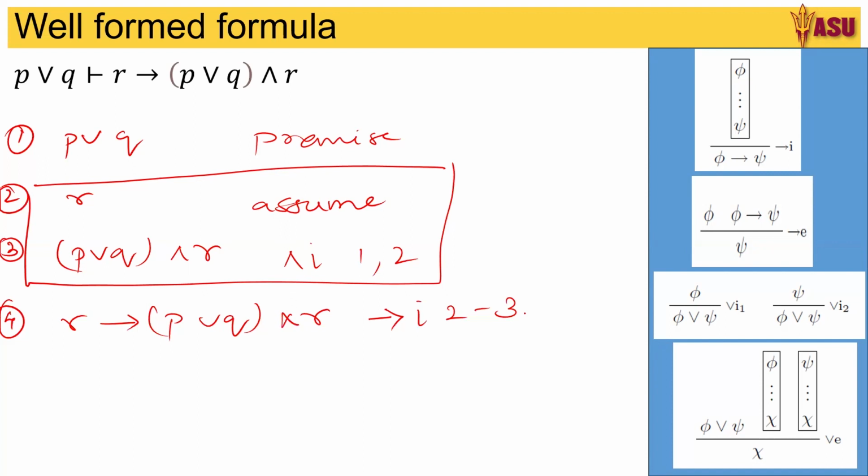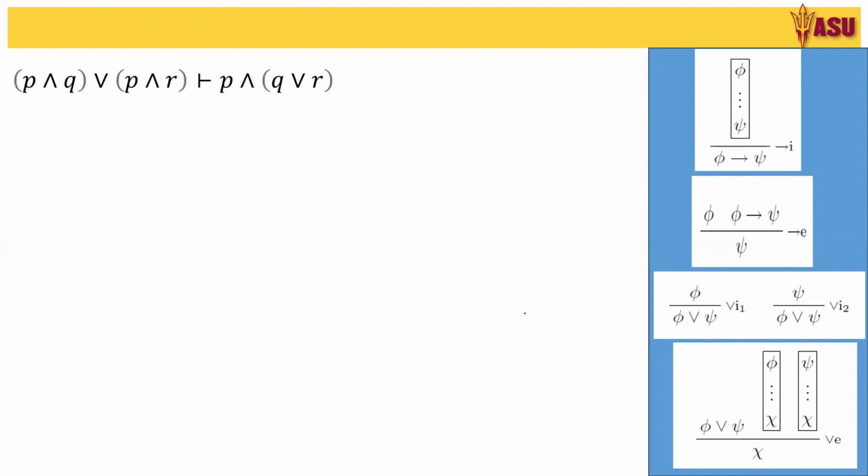Now let's look at another, a little more complex example, which is this. You have P and Q or P and R, then we can conclude P and Q or R is true. Here again, we have a lot to unpack. The premise here is P and Q or P and R. First from this, I will take P and Q as my assumption.